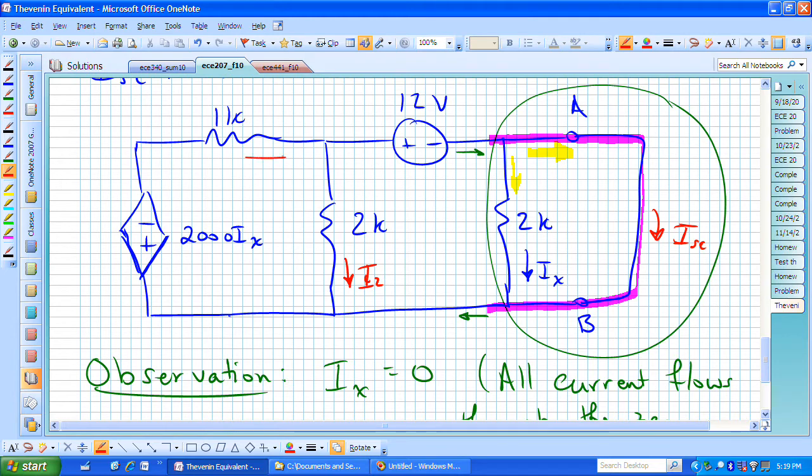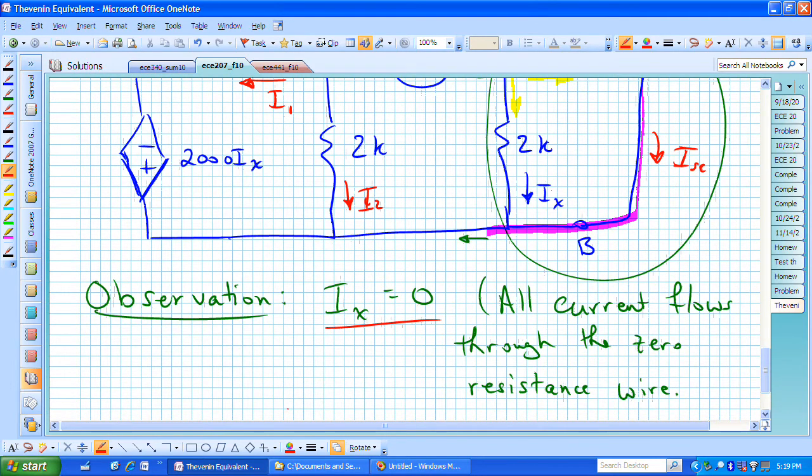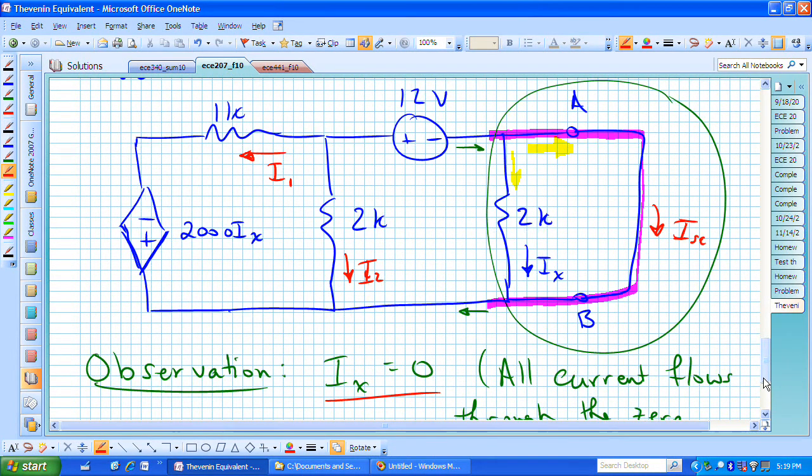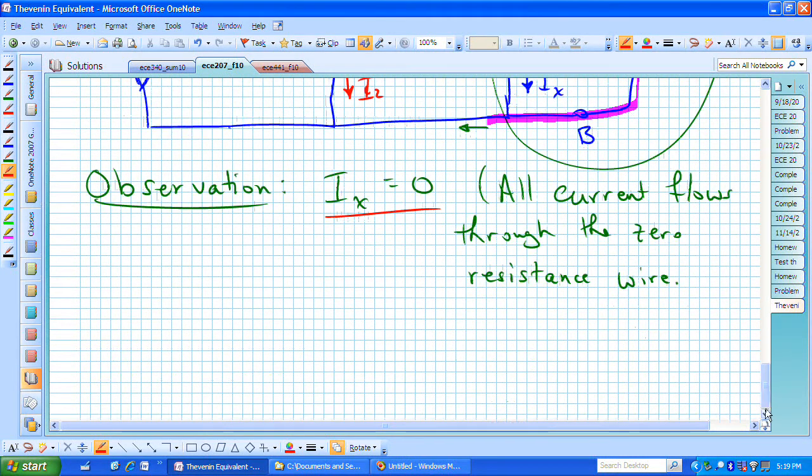And what if I call this I1? Remember, we've just discovered that I sub X is equal to 0. And now, seeing that we're shorting out that 2K ohm resistor, all of that 12 volt source is dropped across the 2K resistor to give us I sub 2.